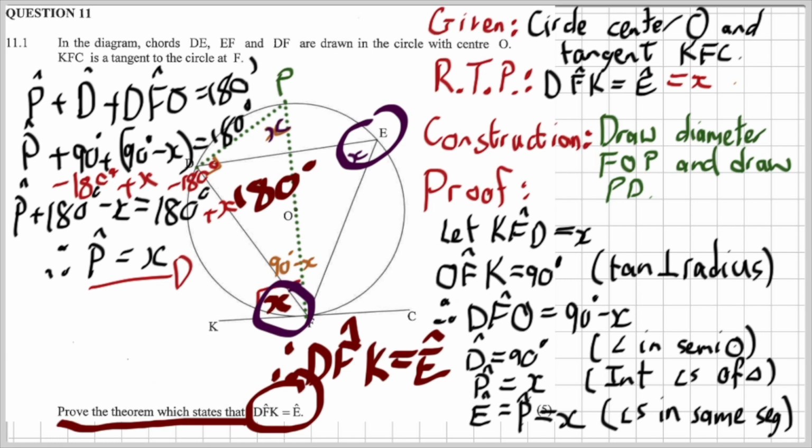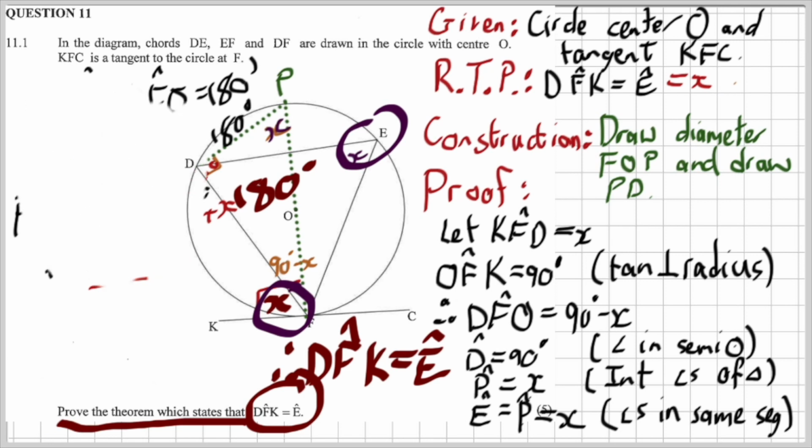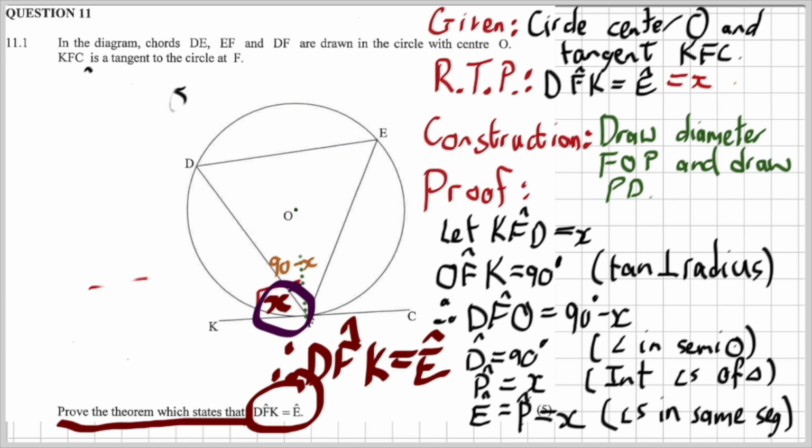So I'm just going to erase this on the sketch for now, and I'm going to explain to you my bite-sized chunks. First of all, once I've constructed my diameter, what am I actually doing?